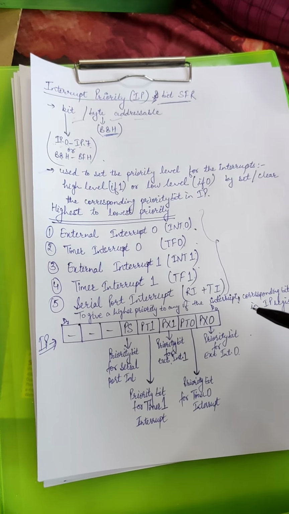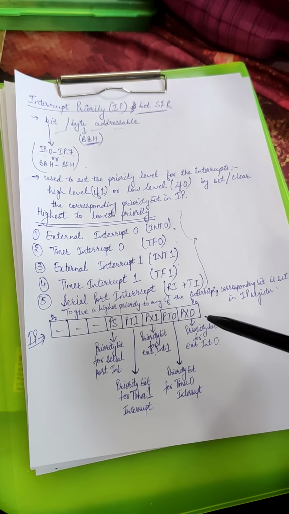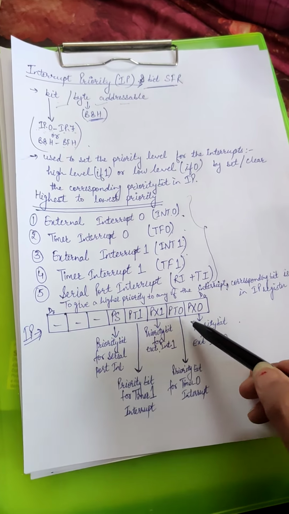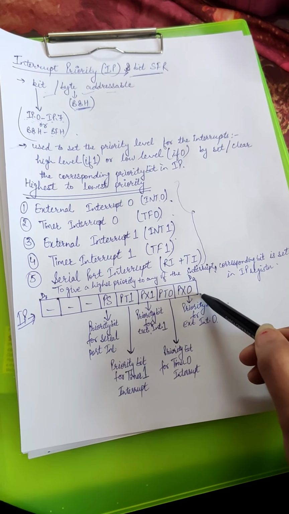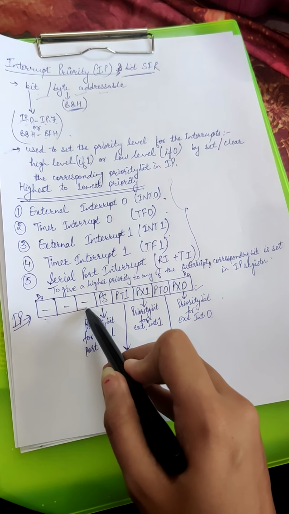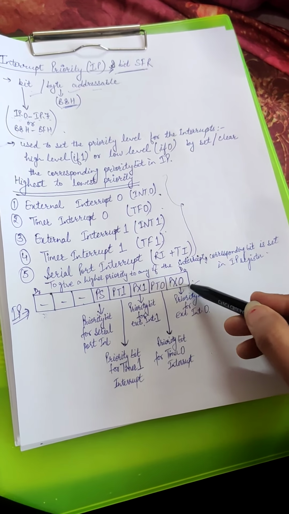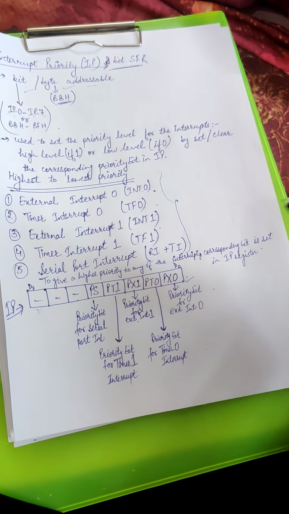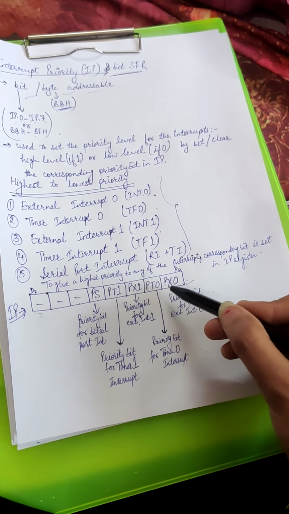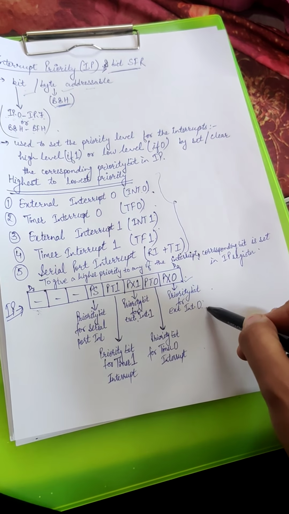To give a higher priority to an interrupt, the corresponding bit in this IP register is made high, that means set. This is the IP, interrupt priority register. It is of 8 bits, D0 to D7. 3 bits are for future use, and these 5 bits are used for PX0. 0 represents timer 0, 1 represents timer 1. So PX0 is the priority bit for external interrupt 0.